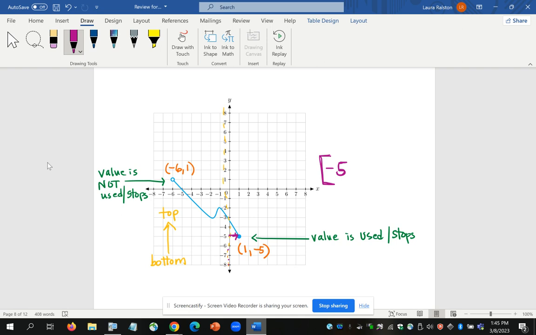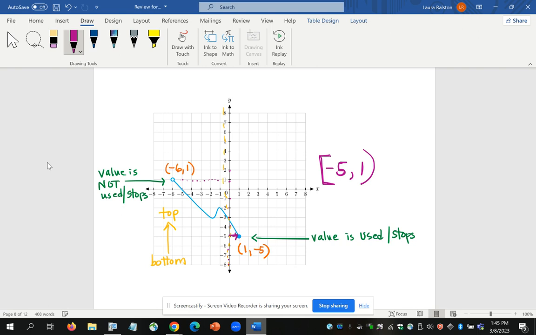I'm still going to see something at -4, -3, -2, -1, 0, and 1. But when I get to 2, I don't see anything. So I have to stop at 1, but at 1 it's an open dot, so it's not included.